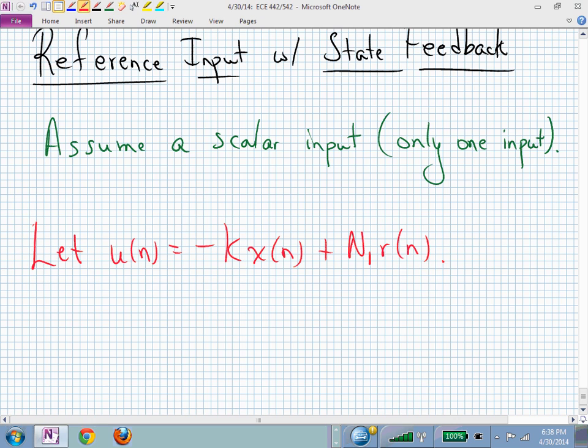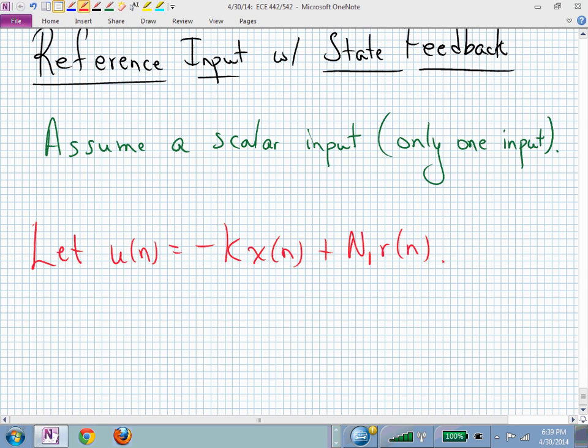If we have one reference signal and u is scalar, what's the dimension on capital N sub 1? Little u of n is 1 by 1. It's not m by 1. It has one row, one column.